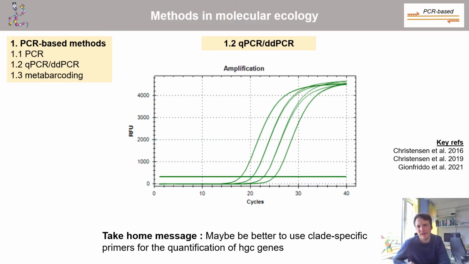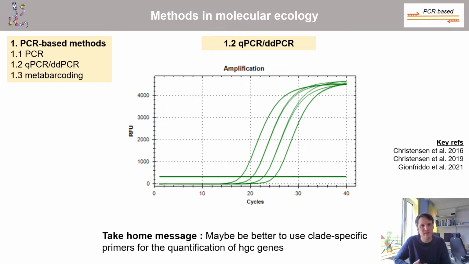Using a qPCR approach or ddPCR approach, you can also quantify the amount of DNA fragment you got in a given environmental sample. To do that, you will use standard curves of DNA at different concentrations that you put in tubes in the lab, which allow you to say, okay, the DNA sequence I amplified is at quite a low number of copies compared to the standard curves, or in the range, or a bit higher.